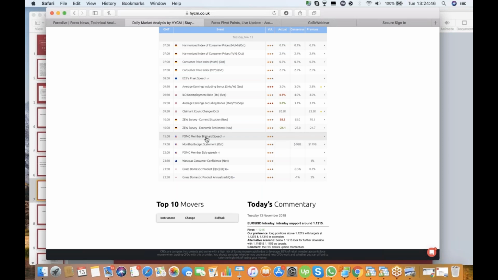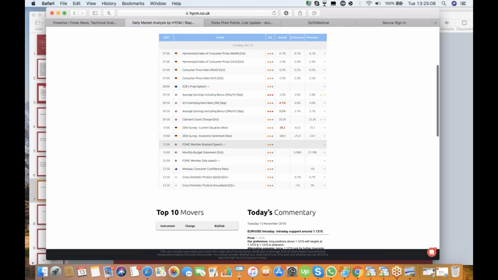Brainard speaking and Daly speaking, so something to be aware of. Although Daly was speaking yesterday as well, he's probably going to repeat what he was saying yesterday, so not necessarily expecting anything new from him. The budget statement is not really particularly a market moving event, so you don't need to worry too much about that.